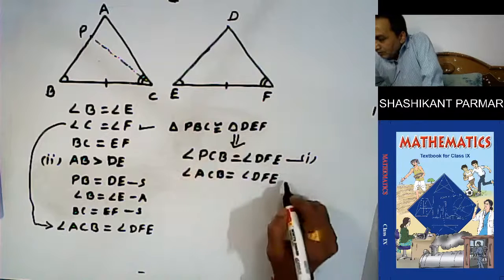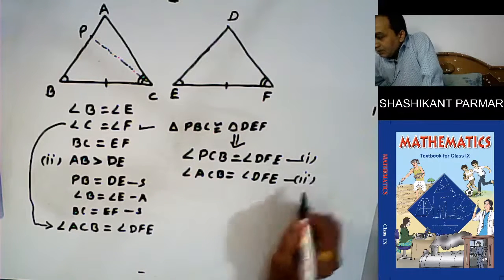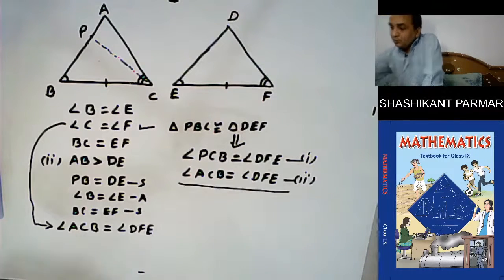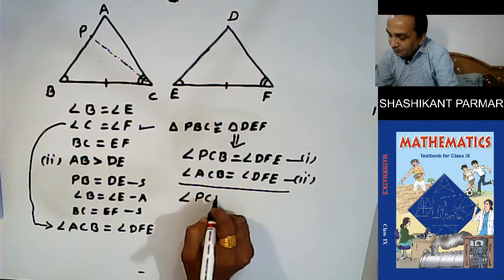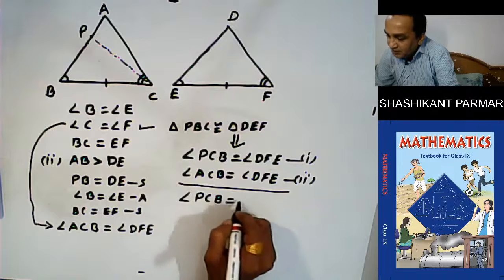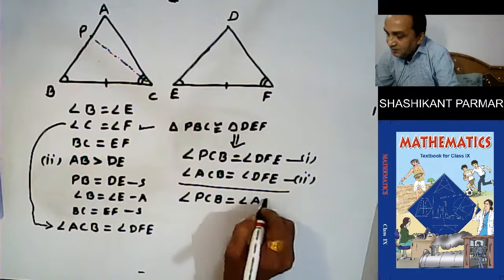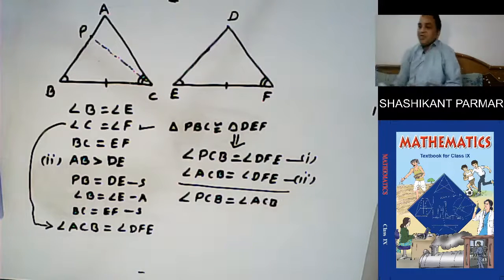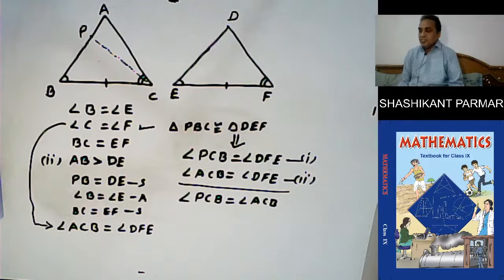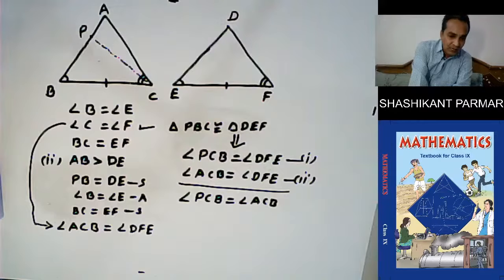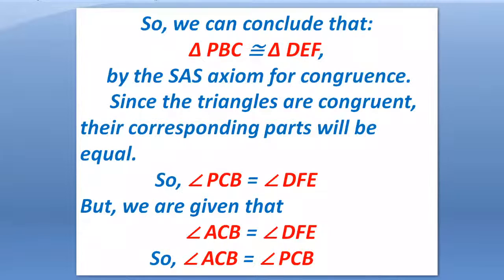From here, and this is the second result given. So from these two we can write angle PCB is equal to angle ACB. PCB and ACB both are equal. This is only possible when A is equal to P. See here.